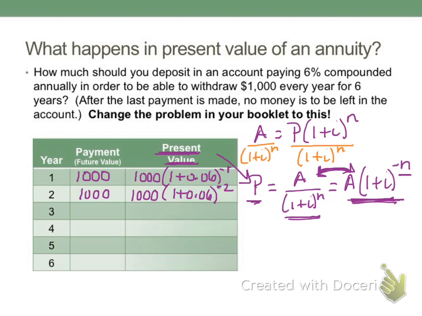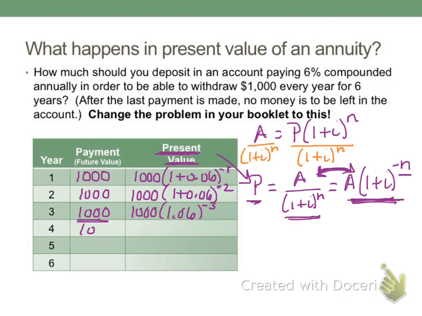So I'm going to take that to the -2 power. And we can keep going. So for $1,000 at the end of the third year, I'll need to take the $1,000 times 1.06 to the power of -3 to figure out how much money I need to put in right now in order to make this particular $1,000 payment.